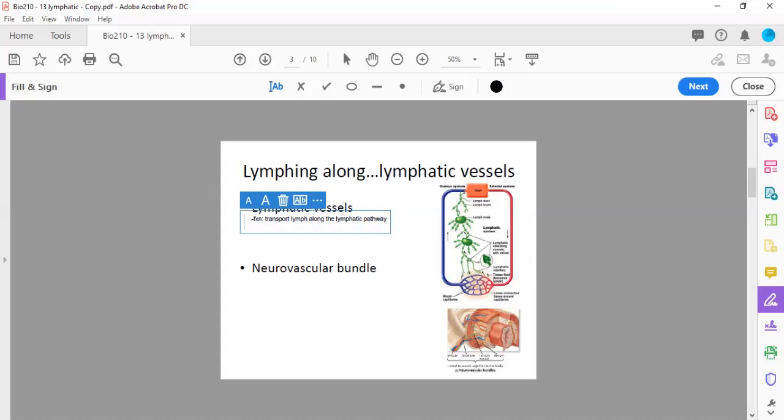All right. Now, feature-wise, the lymphatic vessels resemble a vein very much. Okay? So first, they are convergent in arrangement. What that means is that smaller lymphatic vessels merge to form larger lymphatic vessels.